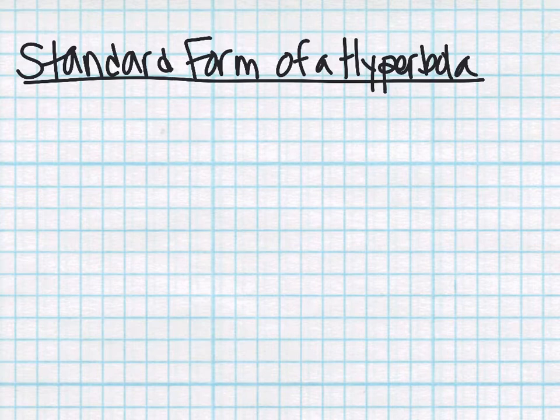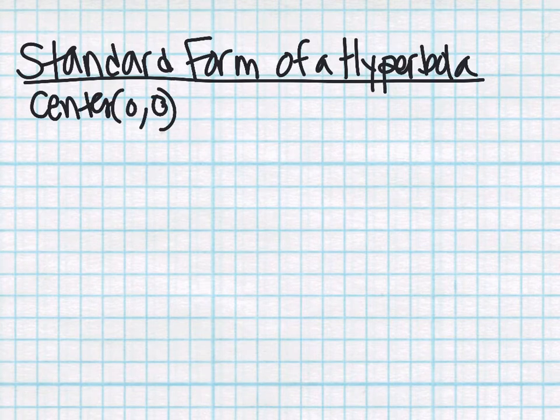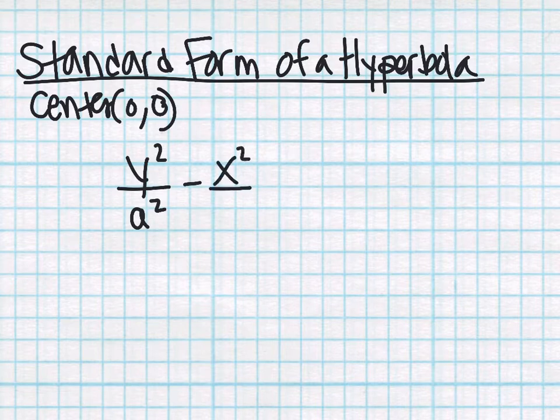So the standard form for a hyperbola centered at the origin is y squared over a squared minus x squared over b squared equals 1. And we saw in the diagram previously where a and b kind of come from. So this tells us our semi-transverse axis and our semi-conjugate axis.